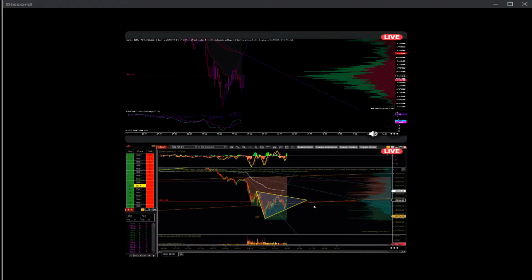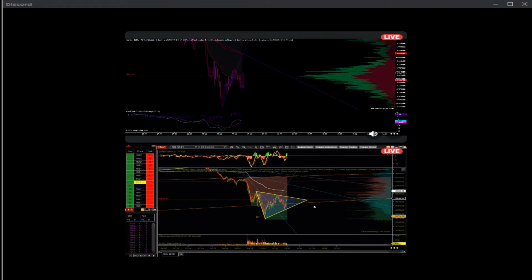Yeah, that looks nice there. So we can do a symmetrical triangle or the D-lag. What I don't like is the VWAP is coming, it's getting pushed down. I don't like that. That's a bearish move.